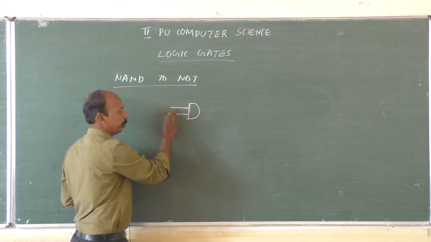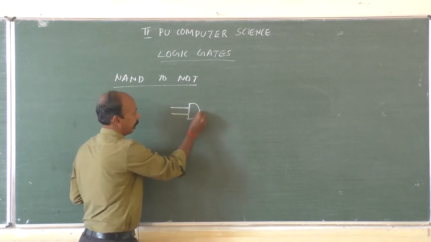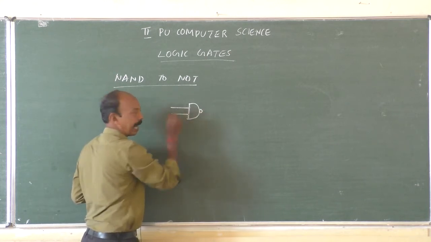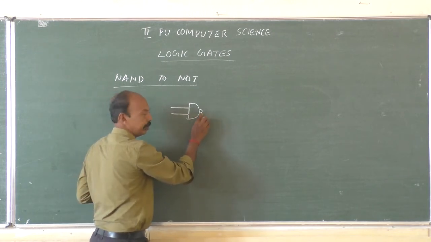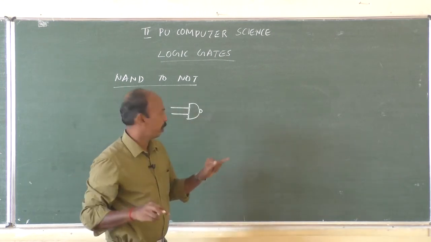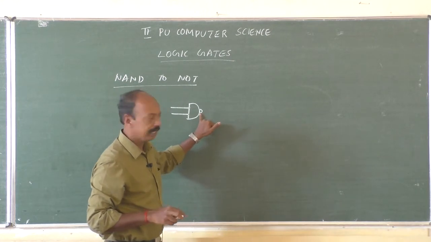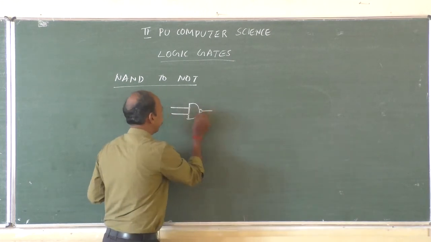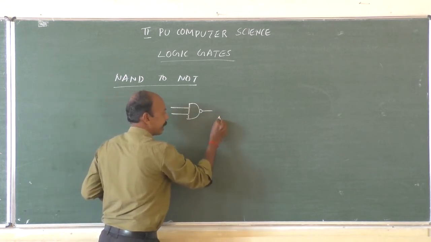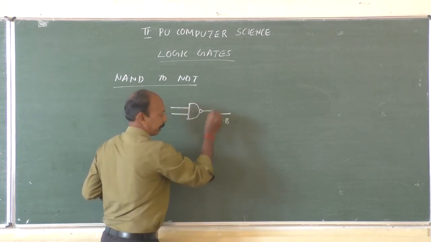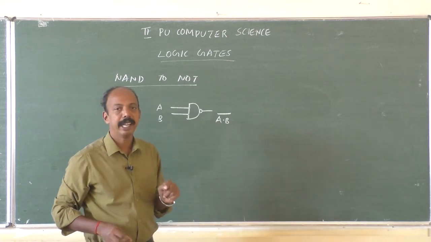At least 2 inputs should be there, otherwise it becomes AND. So the bubble of the NOT gate will be placed here, which makes it a NAND gate. If this is A, this is B, the output will be (A·B) whole bar. That we know. That's about the NAND gate.